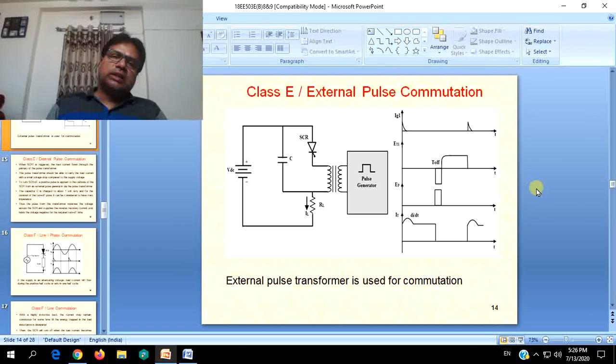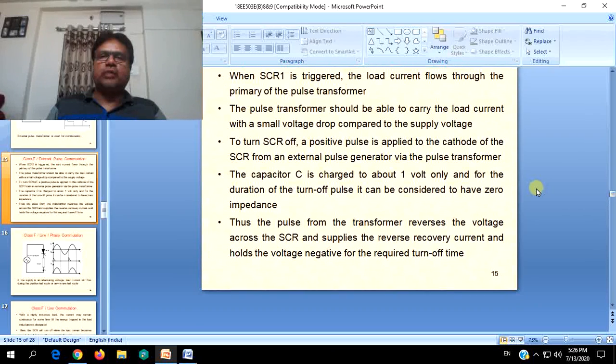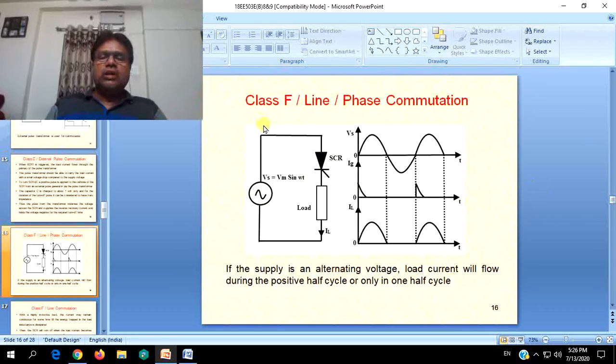The other type which we have to discuss is the only leftover one, which is natural commutation or class F commutation. It is natural commutation or class F or line commutation or phase commutation also. As we have already discussed, this is for the circuits employing or loads employing AC voltage sources, or this is for AC circuits.